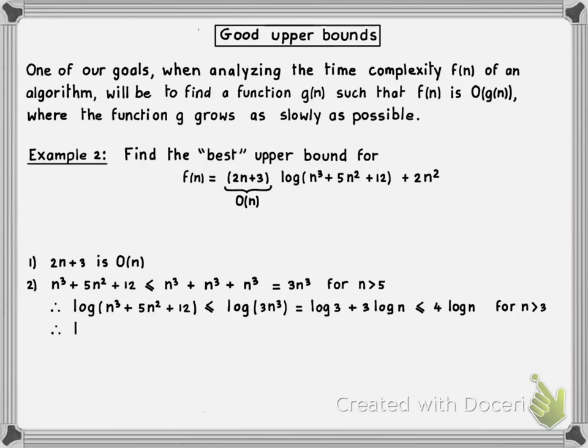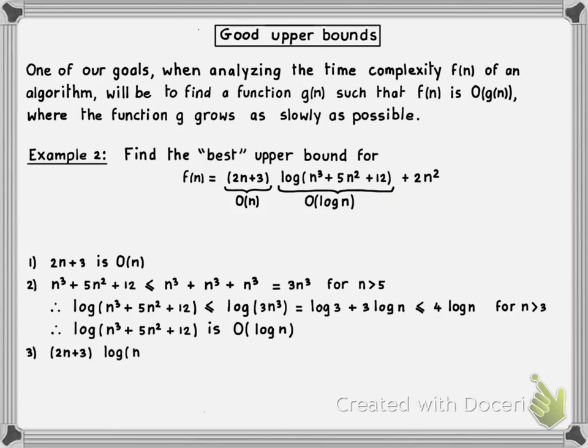So by definition then, this term is big O of log n. Now all we have to do is to consider the multiplication of these two functions and use the appropriate theorem to infer that the first part of the f of n function is big O of n times log n.